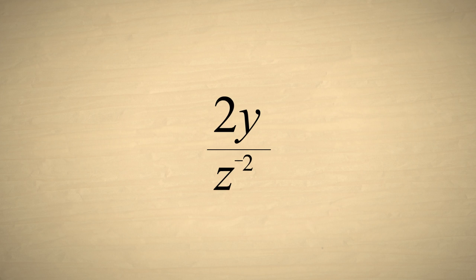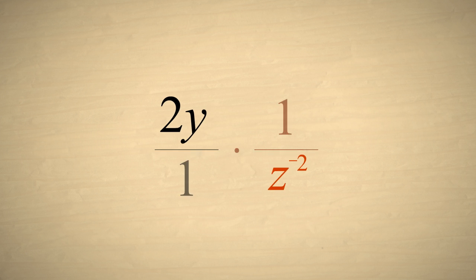When we moved the denominator term to the numerator, we actually took a shortcut, combining several steps. The first step was to factor out the denominator term from the rest of the expression. This left an expression with a denominator of 1. We then used the rule we discovered in the previous lecture to convert 1 over z to the minus 2 to z squared.